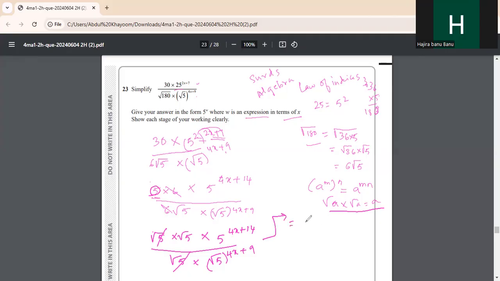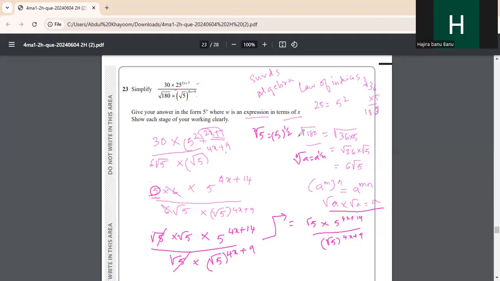This is equal to root 5 into 5 power 4x plus 14 divided by root 5 to the power of 4x plus 9. Now we know that root 5 is 5 to the power of 1 by 2 because this is a square root. I told you one of the things: nth root of a is a to the power of 1 by n.